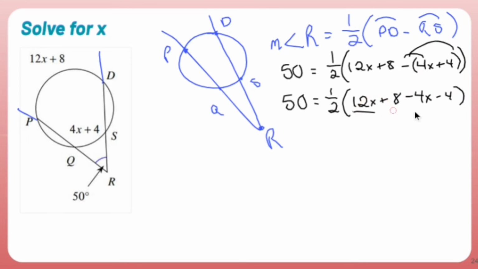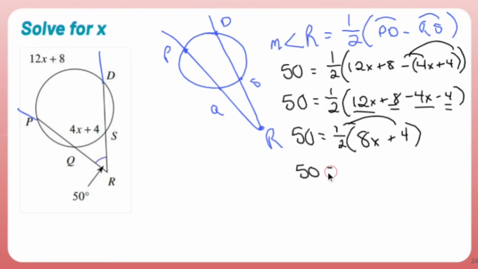Okay. Inside the parentheses, I can combine like terms. So 50 doesn't change. 1/2 also doesn't change. 12x minus 4x is 8x. 8 minus 4 is 4. And now I distribute the half. 50 equals half of 8x is 4x, and half of 4 is 2.